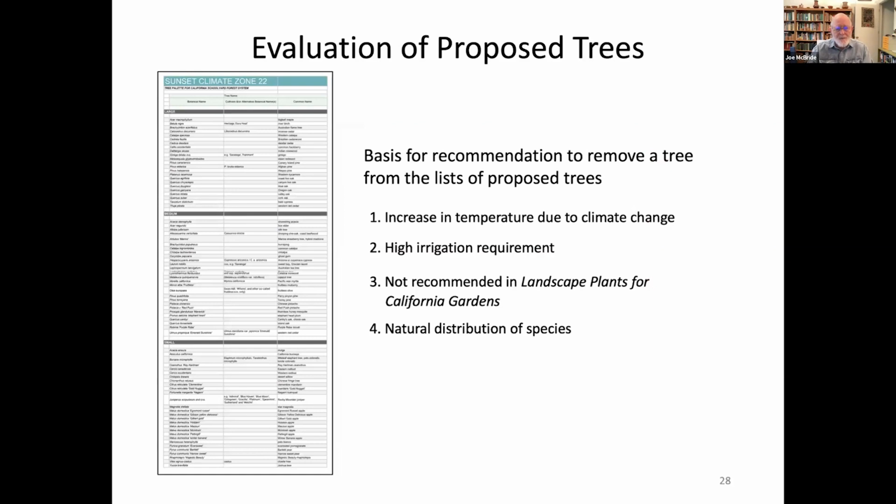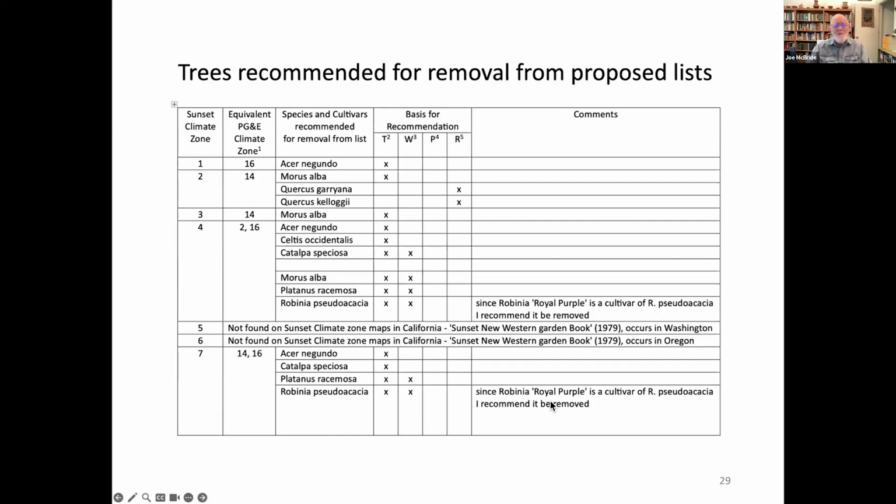So we looked at their proposed list to see if there were any trees we felt should be eliminated based on the temperature change, based on high irrigation requirements that were not listed in Perry's Landscape Plants for California Gardens. And also we utilized the natural distribution of some of the species. And so this is the list of trees that we recommended for removal.